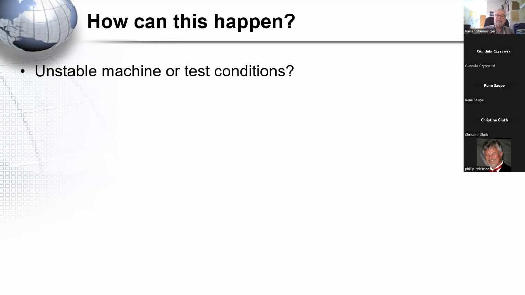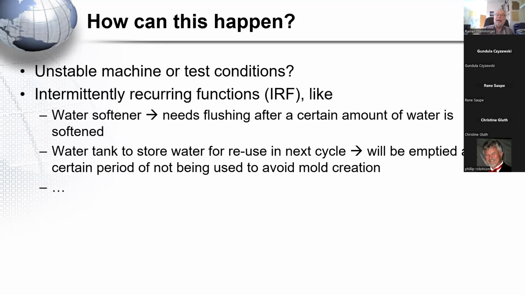For example, if some fuzzy logic is active, some load detection is active, then it can also be the test conditions which are influencing and which are giving these unstable results. So it's not per se easy to understand such a behavior when you measure it in a laboratory and you don't know much about the machine itself, how it is working. So how can this happen?